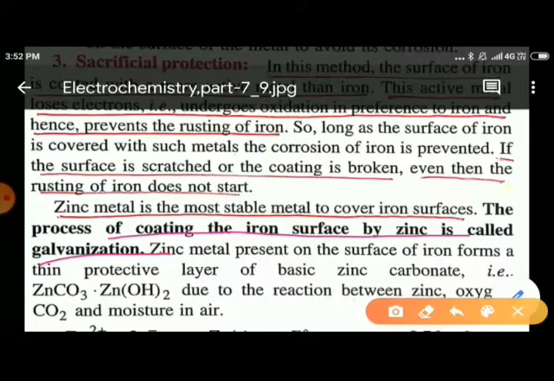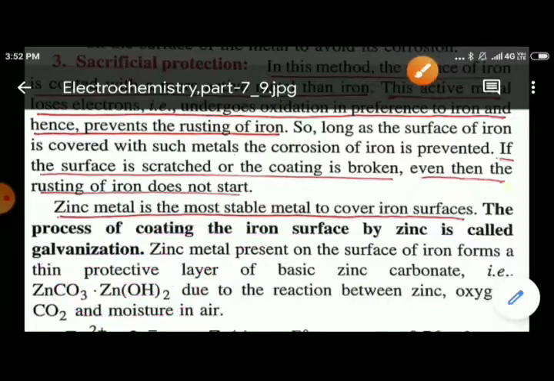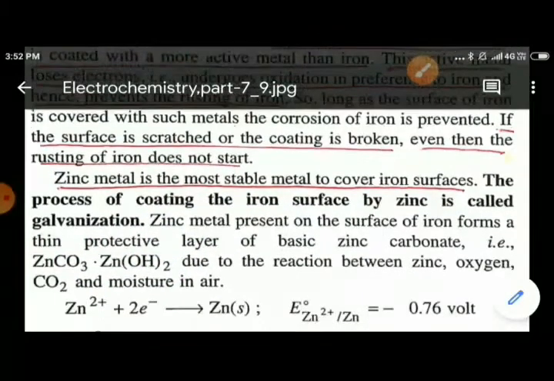This you already know. Zinc metal present on the surface of iron forms a thin protective layer of basic zinc carbonate, that is zinc carbonate and zinc hydroxide. Basic zinc carbonate means zinc carbonate having zinc hydroxide, formed due to the reaction between zinc, oxygen, carbon dioxide and moisture in air.